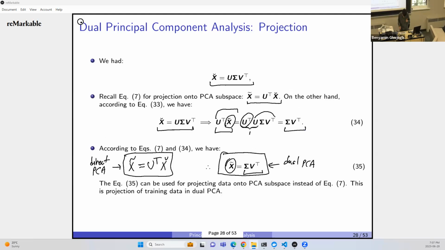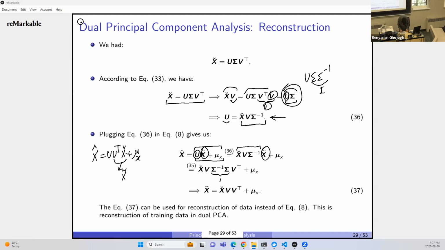In the previous slide, equation 35, X tilde is sigma V transpose. So let's replace this X tilde with sigma V transpose. Interestingly, here in the middle, this appears sigma inverse sigma, which is identity, right? Then it simplifies to this, therefore.